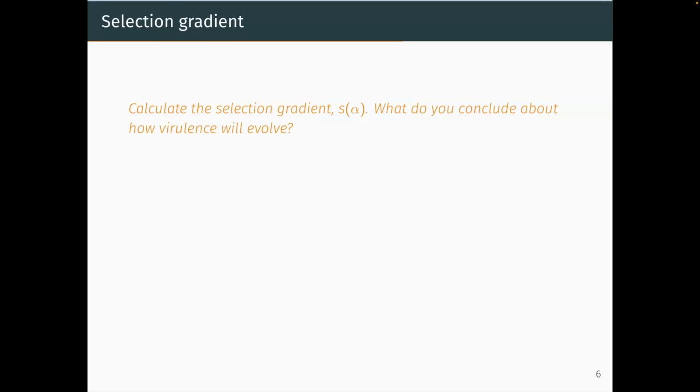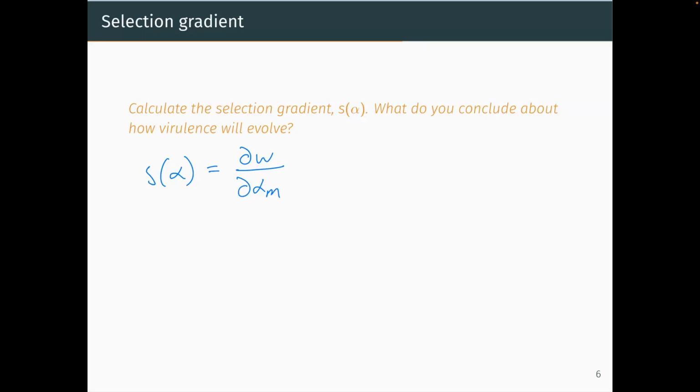So again, more practice for you guys. I want you to work out the selection gradient of alpha. This selection gradient is just equal to our invasion fitness, W. We take the partial derivative of this with respect to our mutant trait. It's crucial that you do this with respect to the mutant trait and not the resident trait.